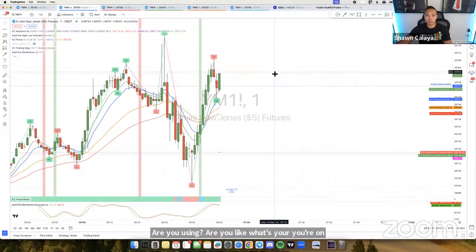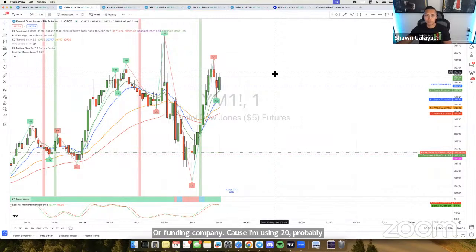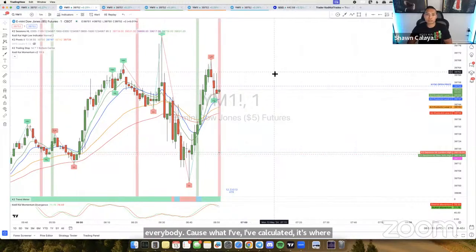Because I'm using 20. You probably shouldn't use 20 unless you're absolutely certain that you're going to be confident with the trade. Because if you lose a trade on a 20 contract, you're going to be in a hole, right? So I'm using 20, but I wouldn't recommend it for everybody. I've calculated that I can lose 3 back-to-back trades, which I don't expect to lose, but the risk is high.